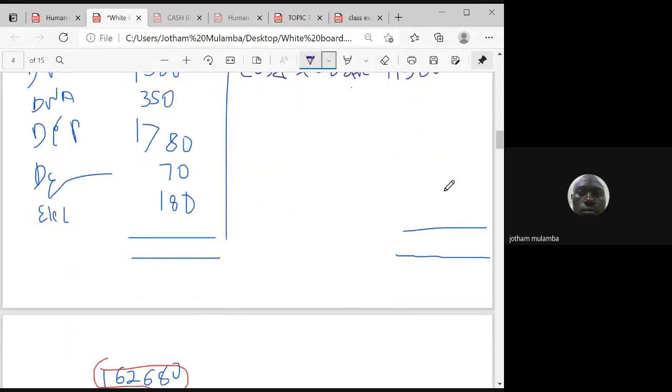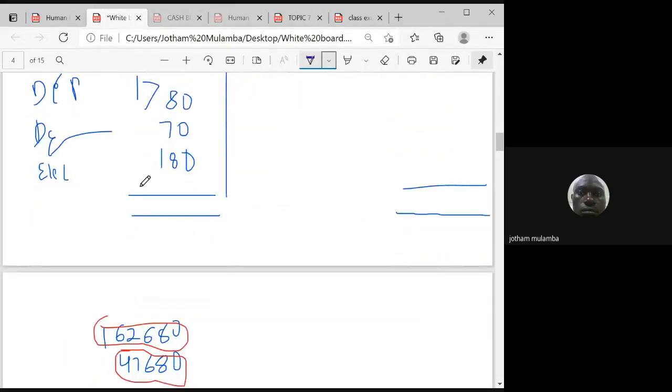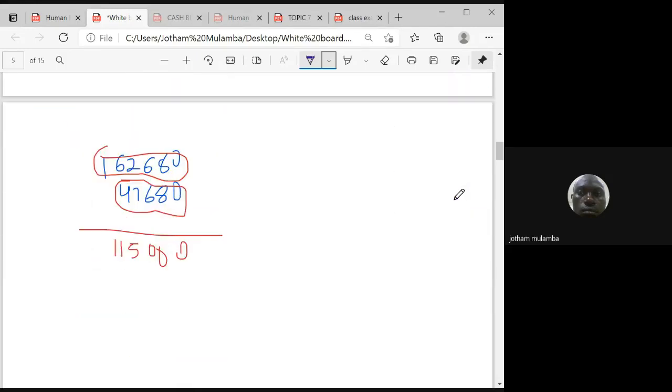Then we balance off our account at 162,680. So that's how we prepare a contract account.